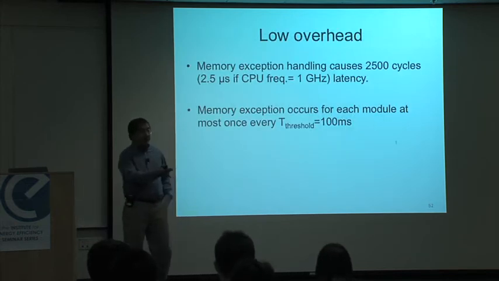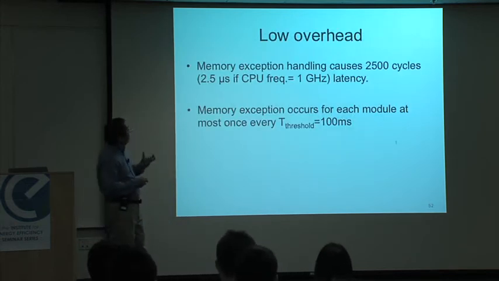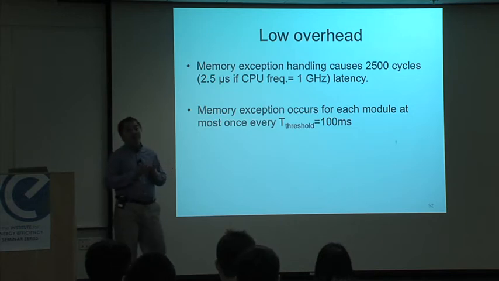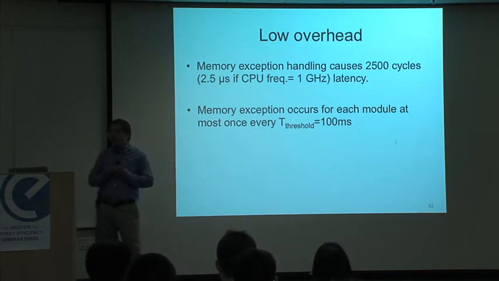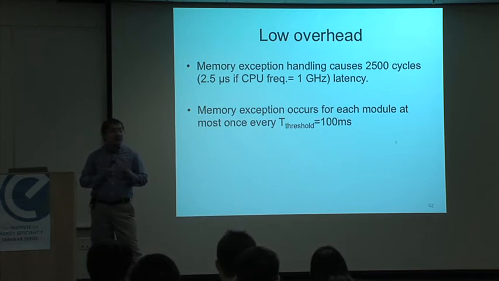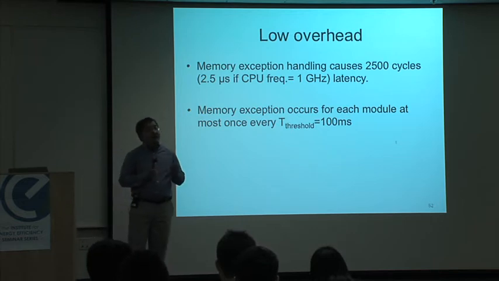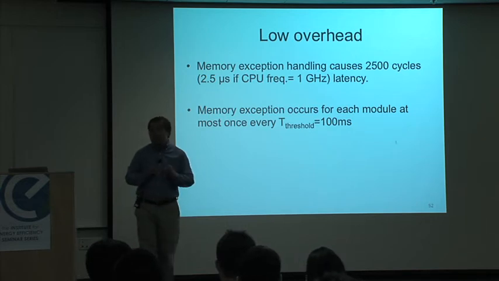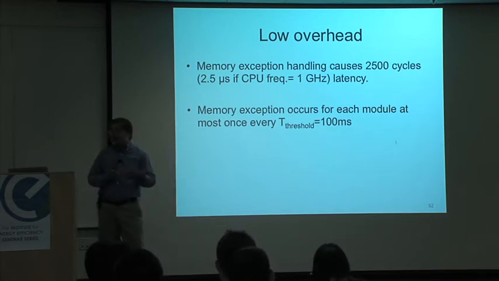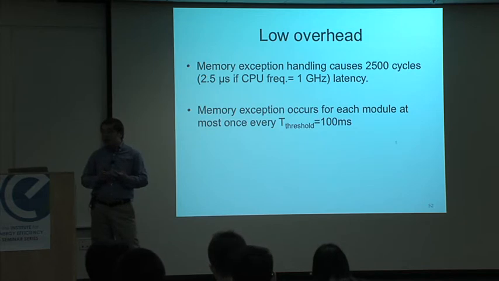And overhead, as Hesser asked: memory exception handling costs about 2,500 cycles, and that's about 2.5 microseconds if the CPU runs at about 1 gigahertz. It's very small overhead, but still overhead. I know people hate any overhead, but it's small. And remember, the memory exception only occurs periodically, no more than every 100 milliseconds in this case.